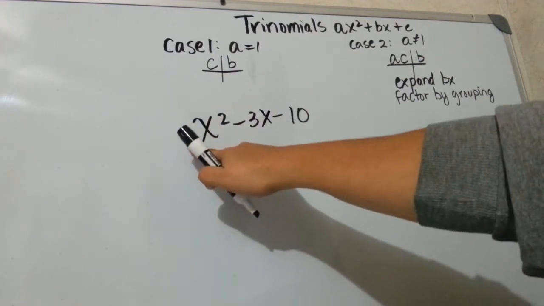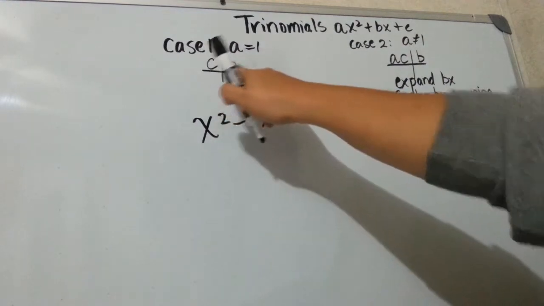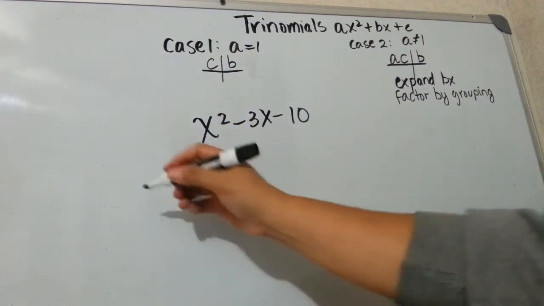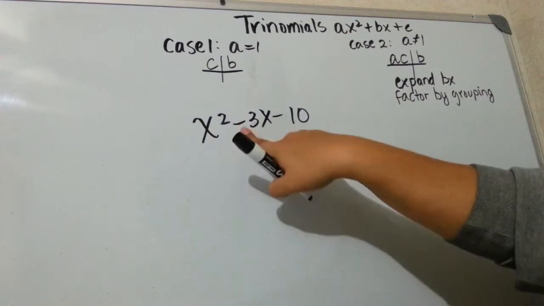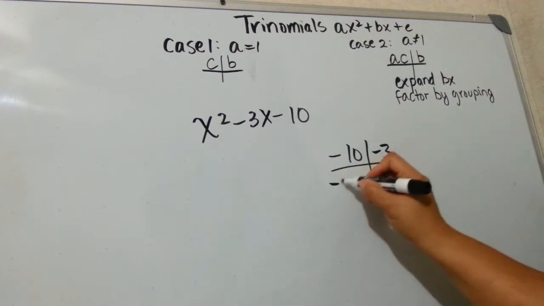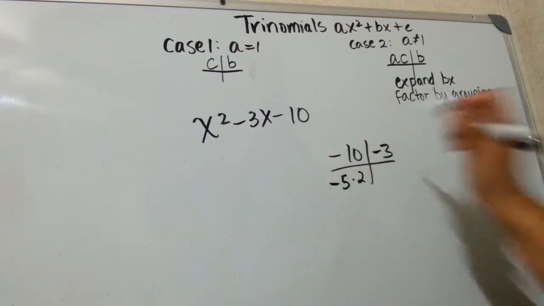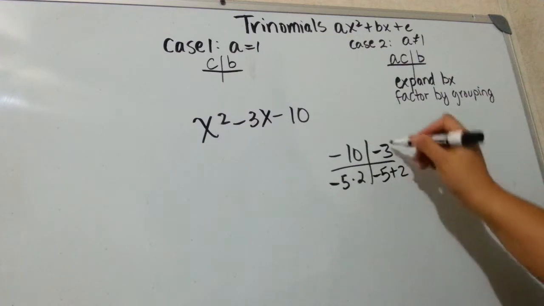Alright, you see how a is a 1? That means it's case 1. So all we need is 2 numbers that multiply to the constant. So 2 numbers that multiply to negative 10. But when we add them, we get the middle term, which is negative 3. That would be negative 5 times positive 2. Right, that's negative 10. But if we add them, we get a negative 3.